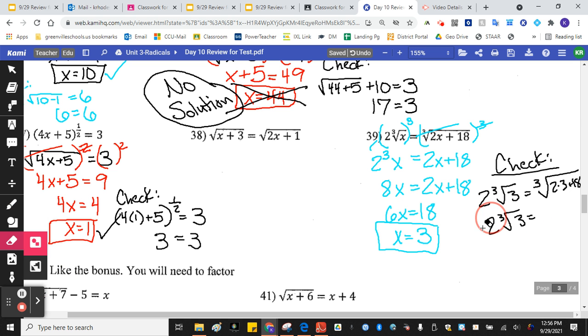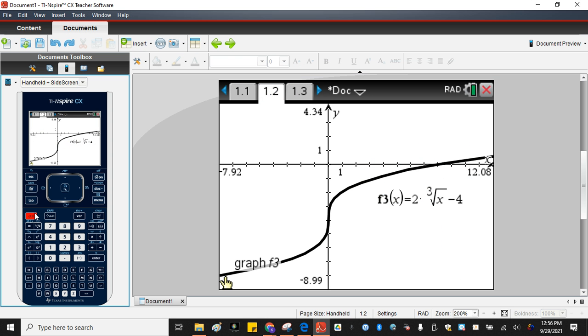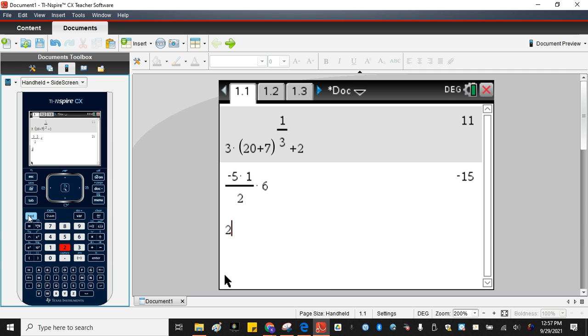I'm going to put it in the calculator. So the left side, 2 cube root 3, 2.88.